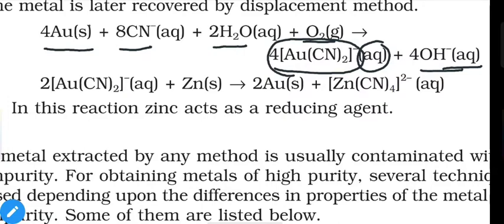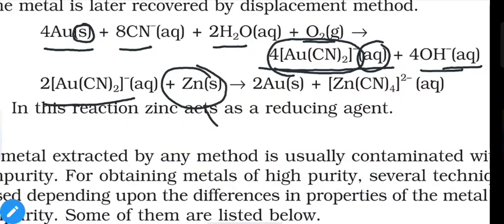That means the initially insoluble metal is converted into a soluble compound. Now when this soluble compound reacts with zinc, it will be reduced again. That means you will get your gold in metallic form back, which is again insoluble in water, and a zinc compound which is soluble in water.